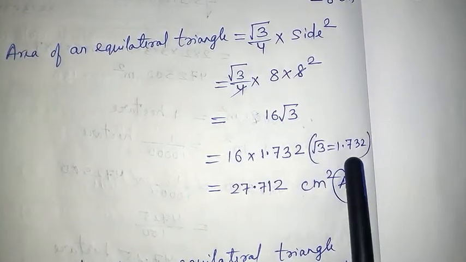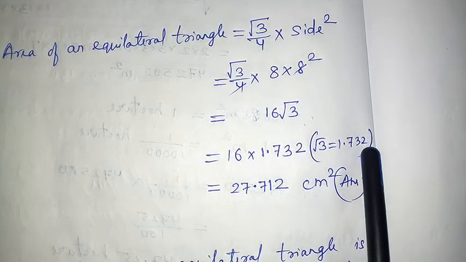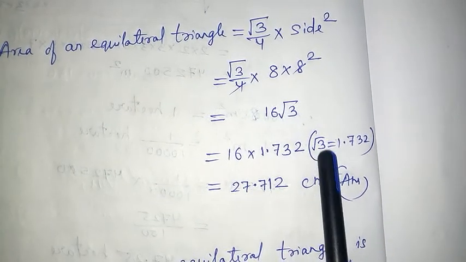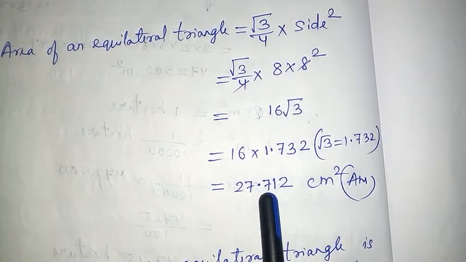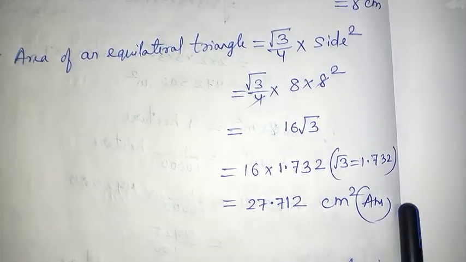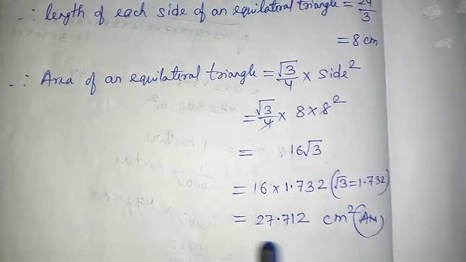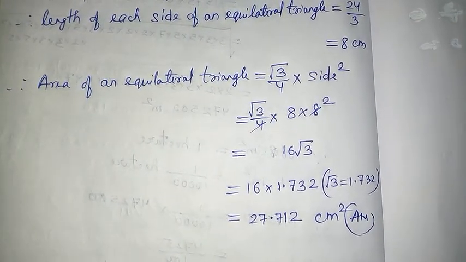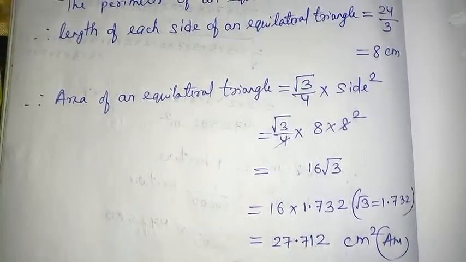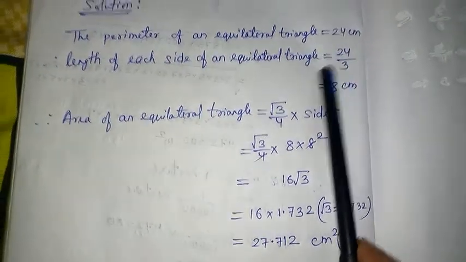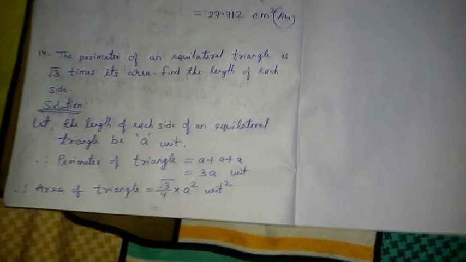And the value of root 3 is 1.732. Please remember this, very important. And if you multiply this root 3 value here, the answer is 27.712 centimeter square. So this is the answer of this question. The area value has come. So perimeter was given, from there we got the area, and the technique was dividing by 3. We got the side.